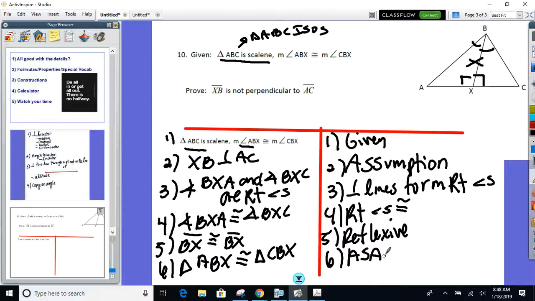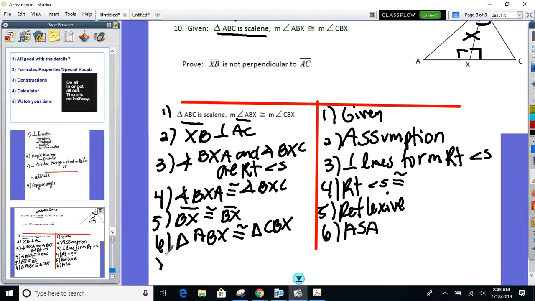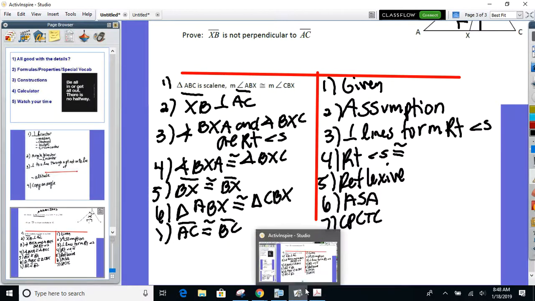Either the sides or the angles now are congruent. I'll just go sides. So we now know that AB and CB are congruent, CPCTC. That makes ABC isosceles.